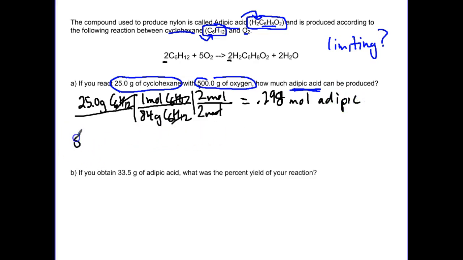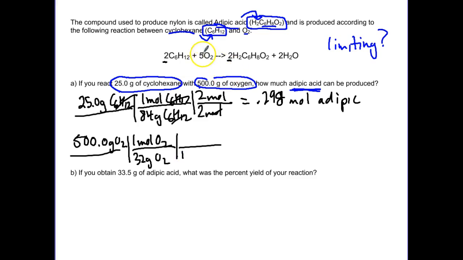And with the other compound, 500.0 grams of O2. Well, oxygen is 32 grams of O2 for 1 mole of O2. And then from the ratios, it's 5 to 2. So I'm going to say 5 moles of O2, 2 moles of adipic acid.